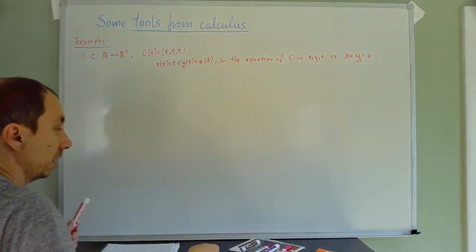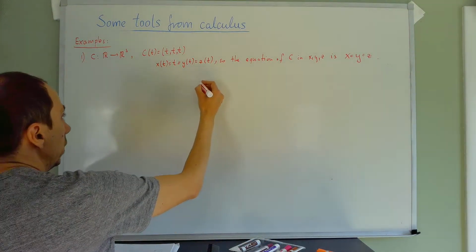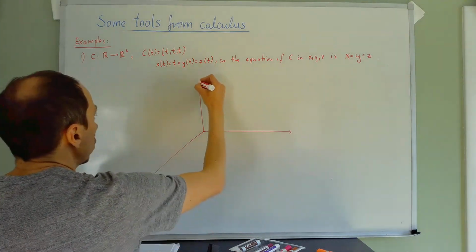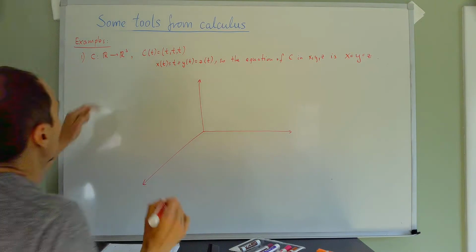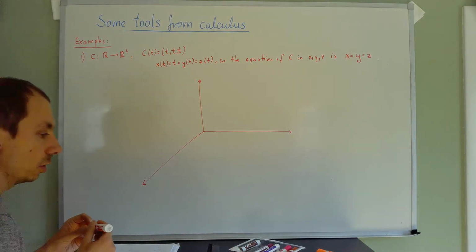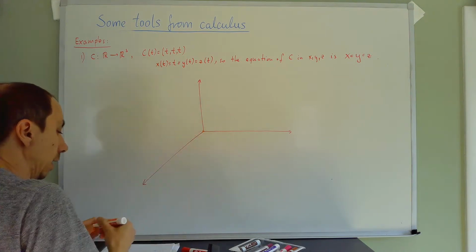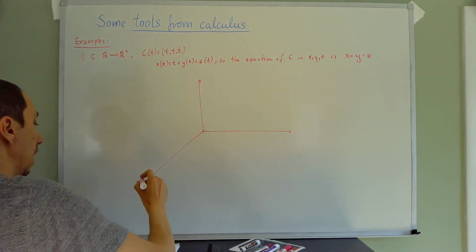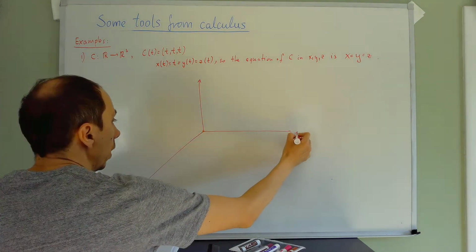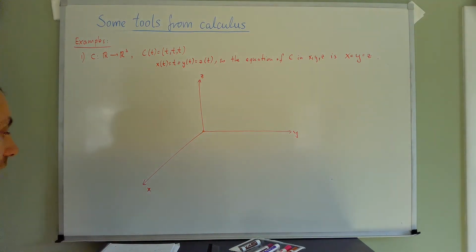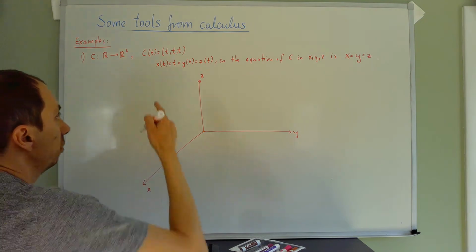This is a line that says every time you make a step in the x direction, you make the same step in the y direction, the same step in the z direction. When t is 0, I get the origin.